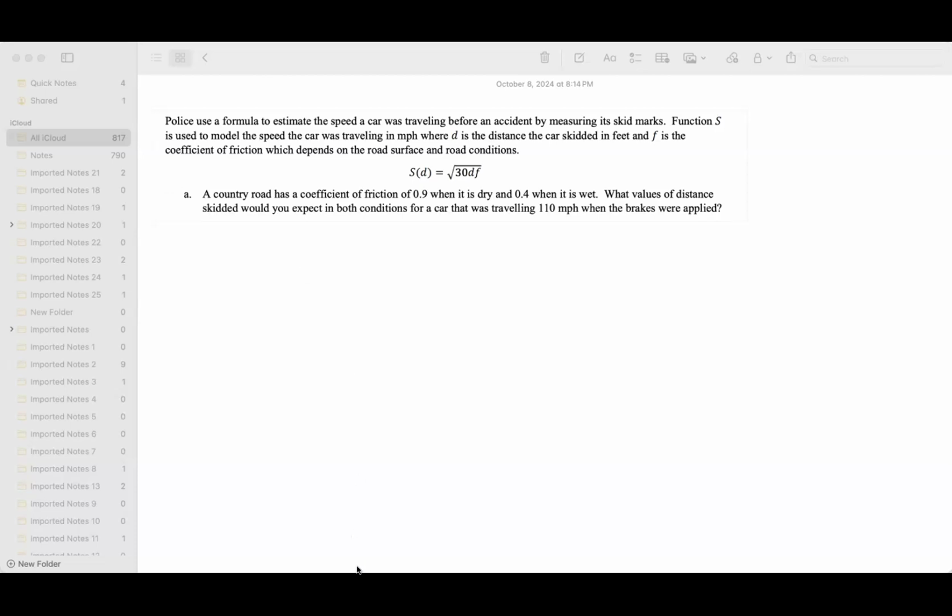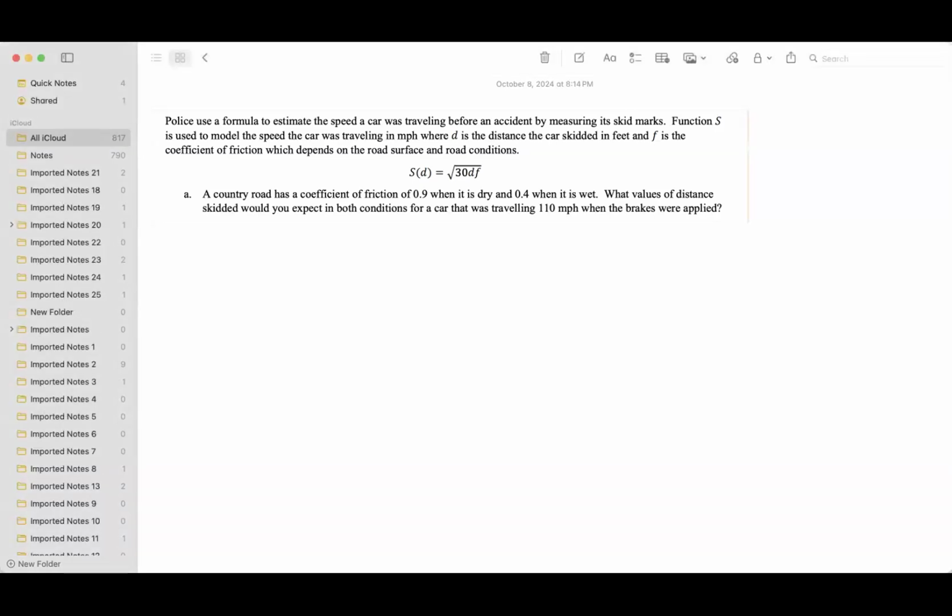Go ahead. Police use a formula to estimate the speed a car was traveling before an accident by measuring its skid marks. Function S gives you the speed the car was traveling, where D is the distance skidded in feet, and F is the coefficient of friction.